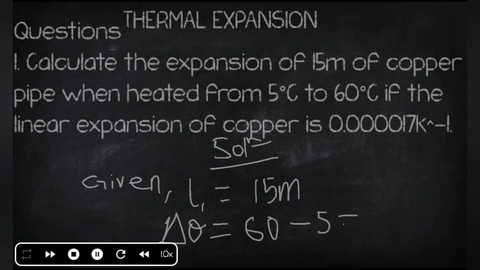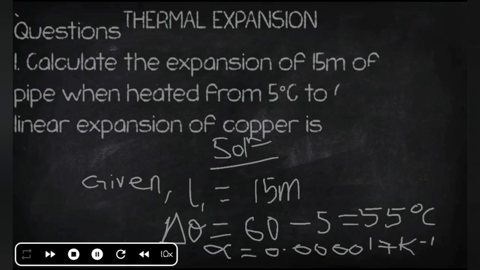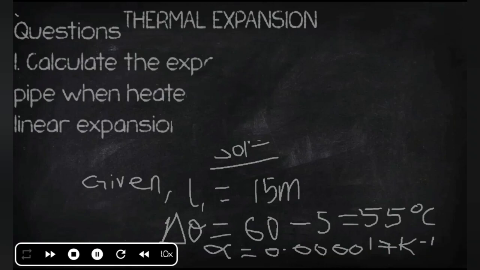So delta theta, that is the change in temperature. It moved from 5 to 60. So the bigger one minus the smaller one gives us 55 degrees Celsius. And the linear expansivity was given as 0.00017 per Kelvin.